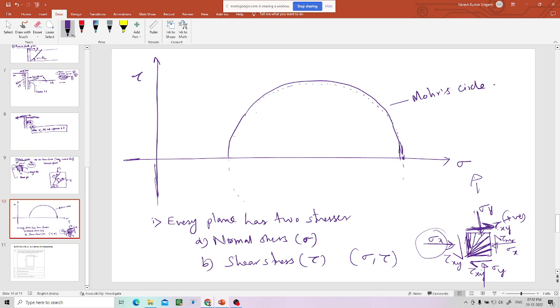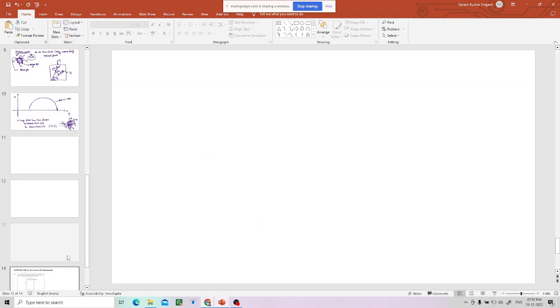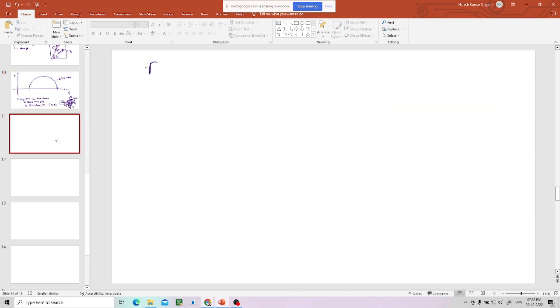now there is one more thing called the failure envelope, Mohr-Coulomb's failure envelope.